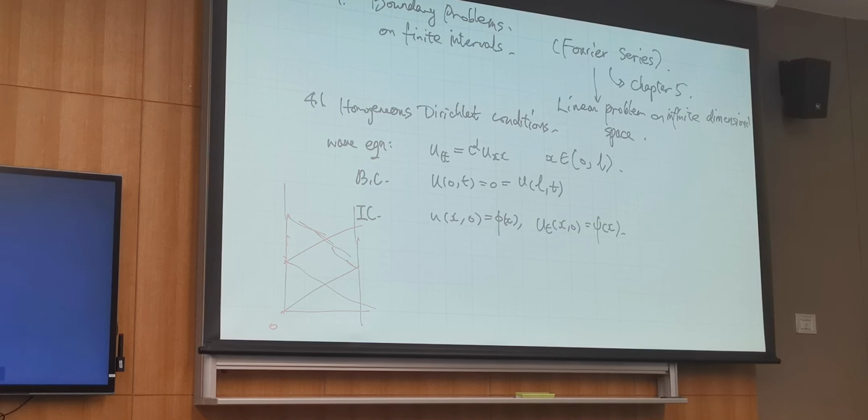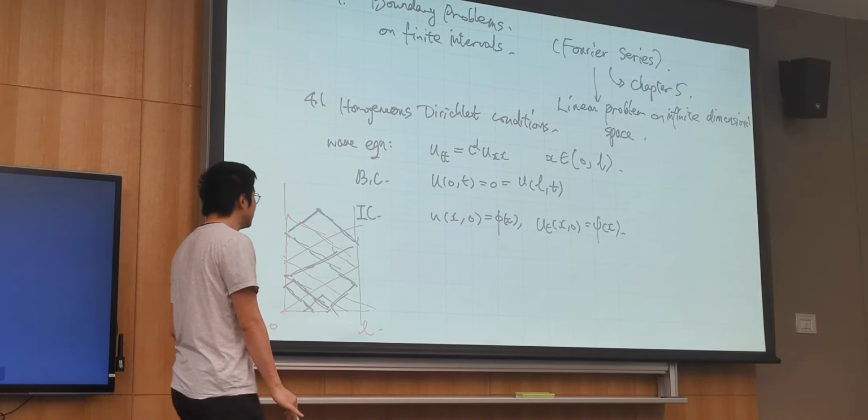So this is 0, this is L, and this is the time t. If I'm starting from some time over here, then there's no reflection at all. If I'm starting from here, then there's no reflection on the right side, but one reflection on the left side. If I'm starting from here, then there are 2 reflections on the left side and also 2 reflections on the right side.